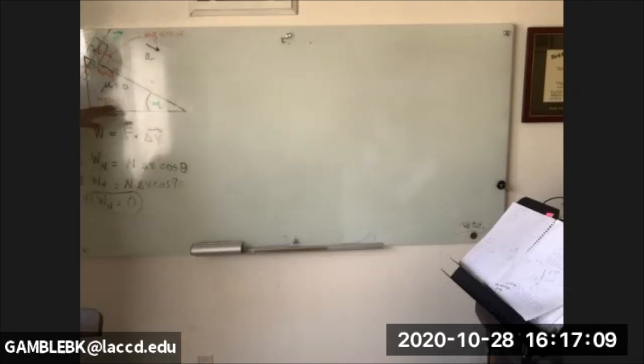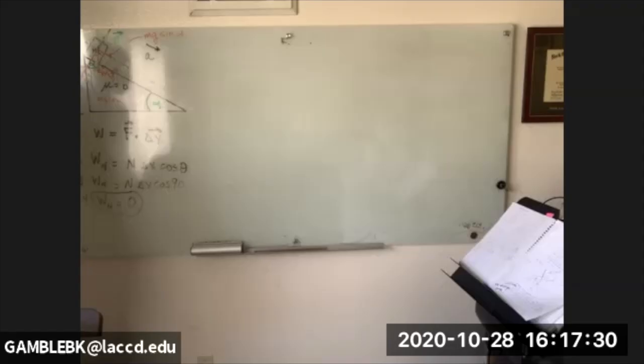What is the angle of mg cosine alpha relative to the motion? Yeah, 0, wouldn't it? Pointing down. So what's 0, the angle or the work?